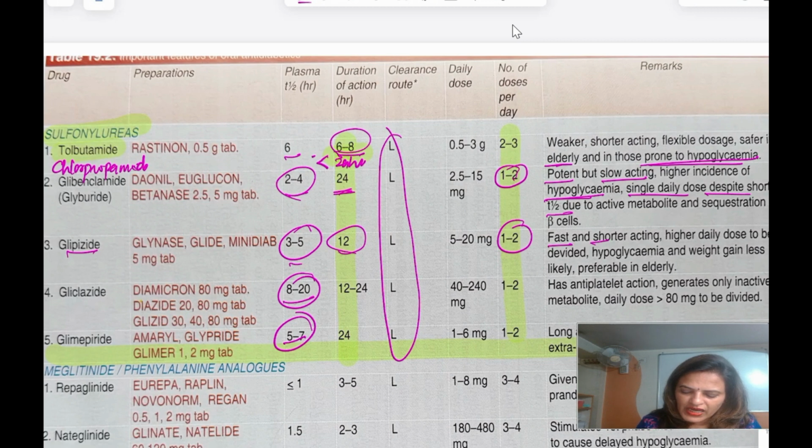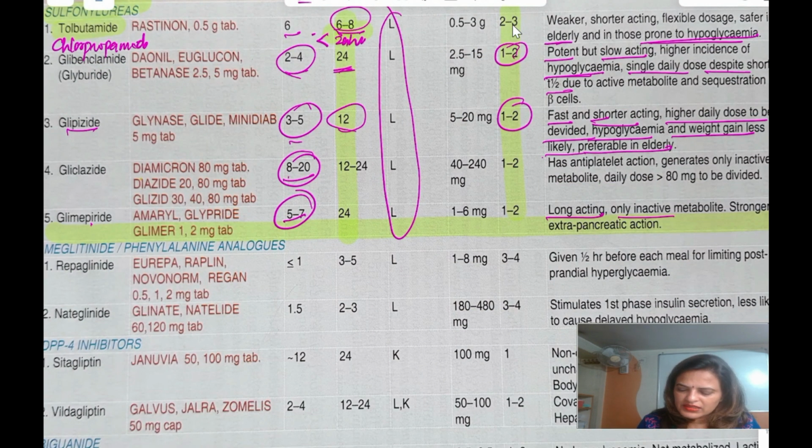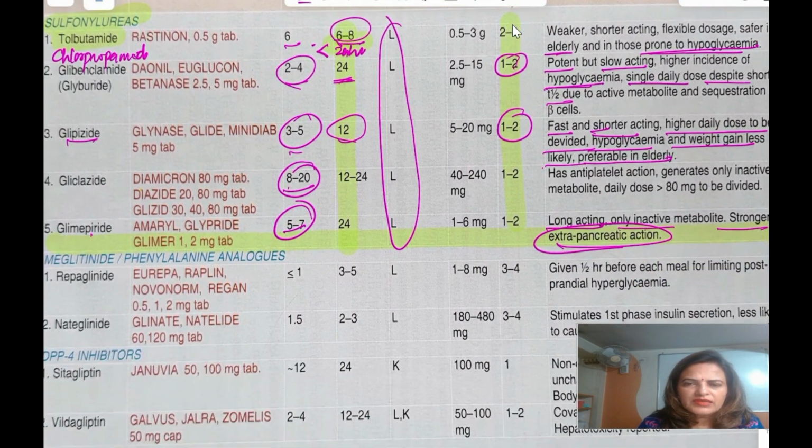Then if you want a fast, short-acting drug, with a higher daily dose divided, hypoglycemia and weight gain are less likely, and we prefer this one in the elderly. Glimepiride is long acting, with only inactive metabolites, and has a stronger extrapancreatic action, where the number and sensitivity of the insulin receptors is increased. You can refer to this table also.